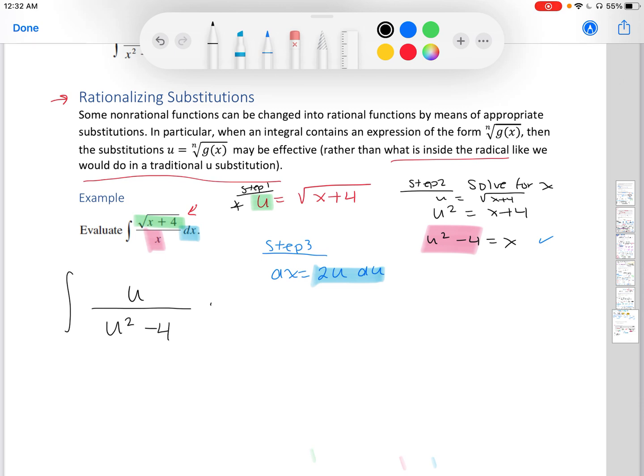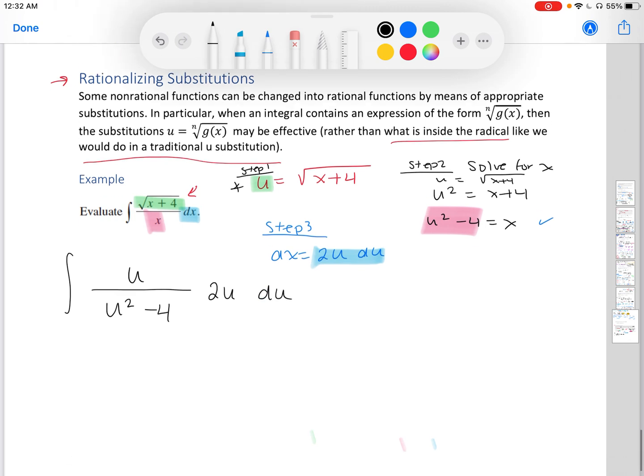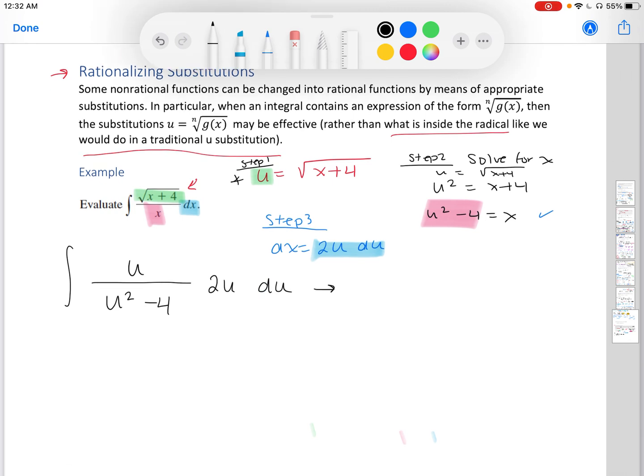And lastly, dx is 2u du. And there we have it. Let's go ahead and multiply. So our integration problem is the integral of 2u squared over u squared minus 4 du.